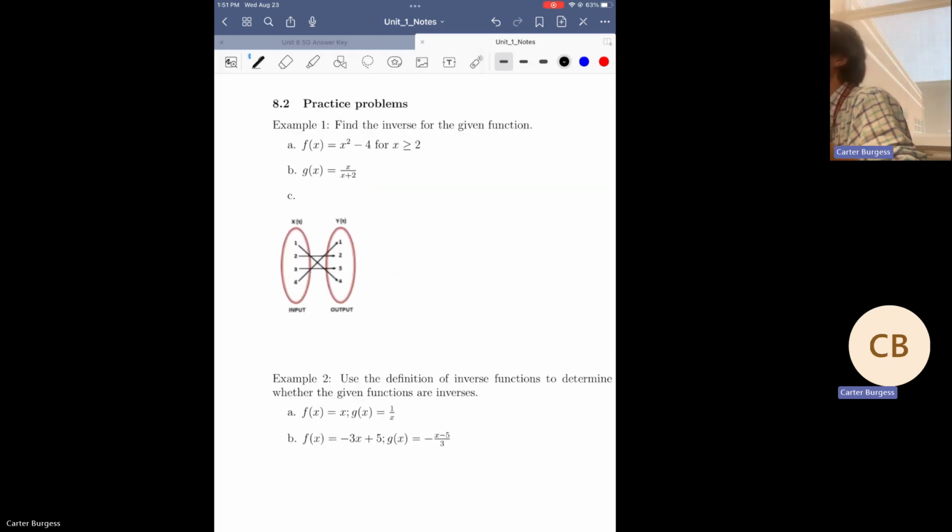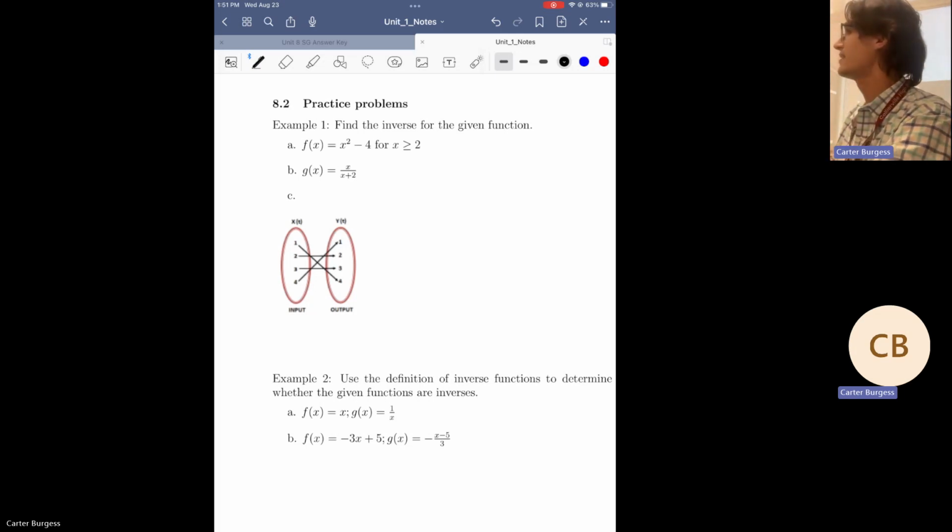And then note the "for x is greater than or equal to 2." I actually overshot. It should just be for x is greater than or equal to 0. That doesn't do anything. That's just telling you that our function is invertible, that we can take the inverse of our function. You don't have to do anything with it. That's just me telling you that it is one-to-one.